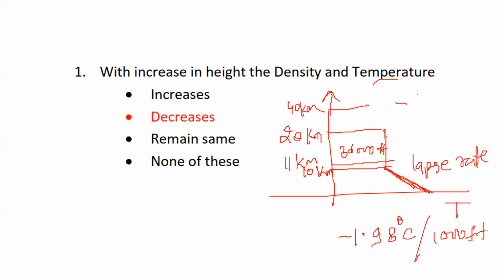In kilometers, it almost translates to minus 6.5 per kilometer, in degrees Celsius or Kelvin, both. So this is the lapse rate. You start with some temperature on Earth, and you can find out the temperature in between from 0 to 10 kilometers, and beyond 10 kilometers up to 20, it's fixed. So I believe you understand the temperature profile.